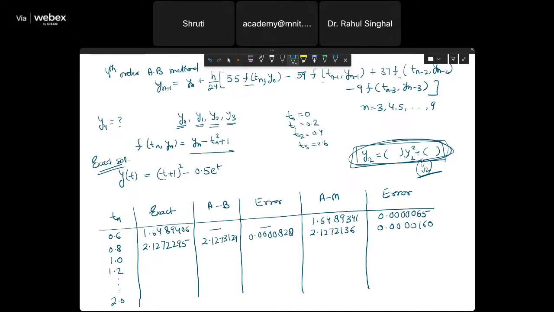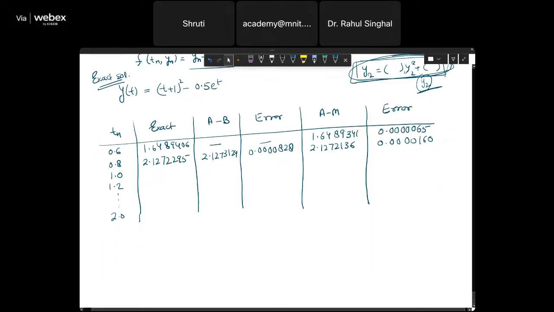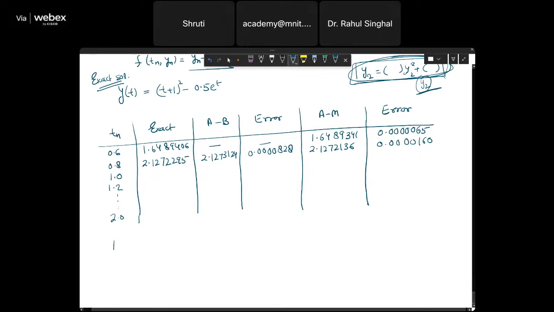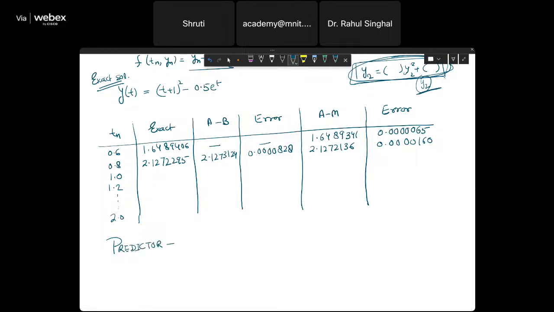These are the two methods which I wanted to discuss under the multi-step numerical methods. With this, I now move to the predictor-corrector methods. I'll give the idea of it, and then I will move to the discussion of stability.